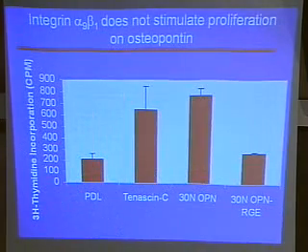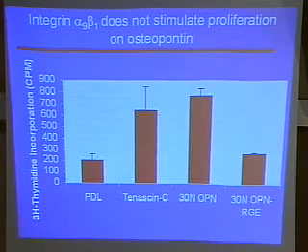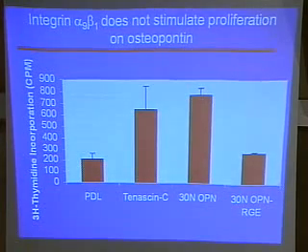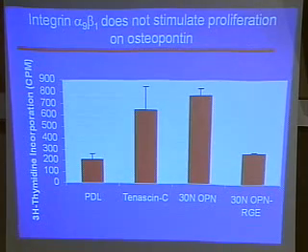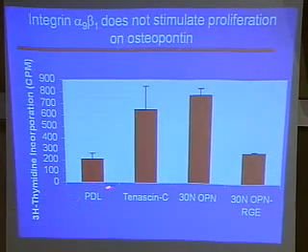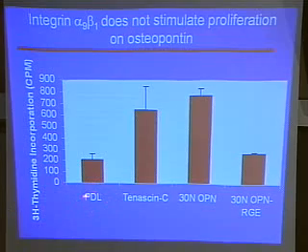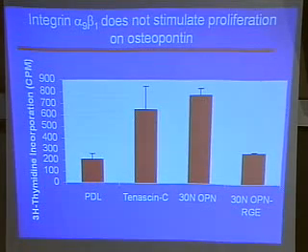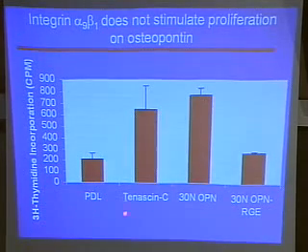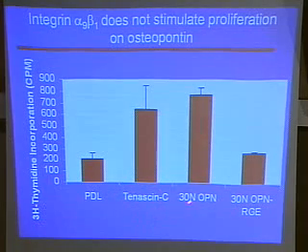And in this last experiment, we labeled the cells for proliferation using a tritiated thymidine uptake, which is a radiolabeled nucleotide that is incorporated into the cells during proliferation. And so we plated the cells either on poly-D-lysine, which is a negative control, which does not interact with the cells through integrins, the positive control tenascin C, the 30N fragment again, and the mutated form.